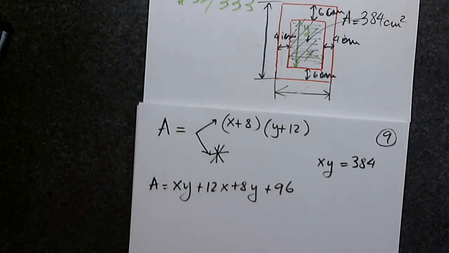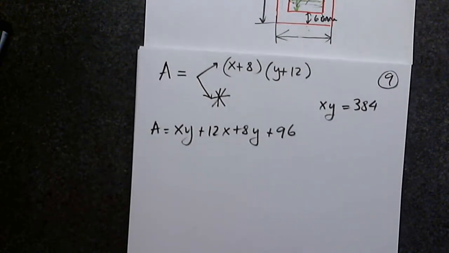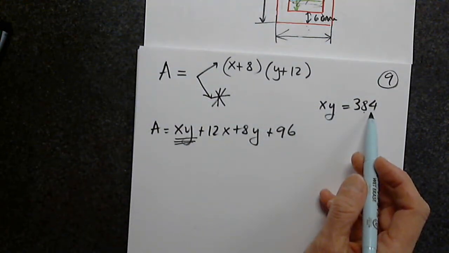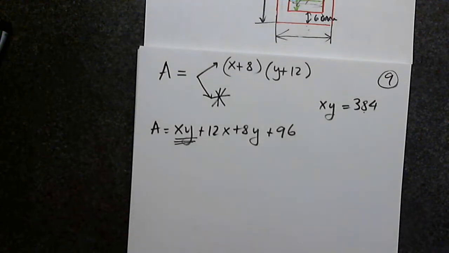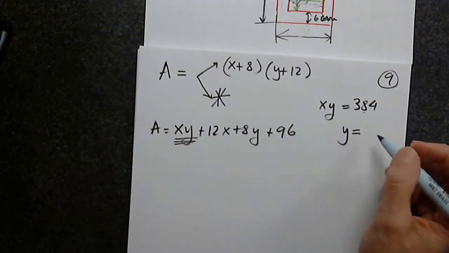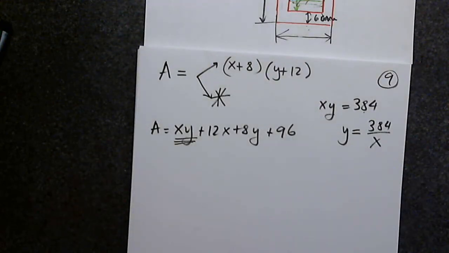Couldn't you do it the other way, with x minus 8 and y minus 12? That's fine too. You'll get the same thing. Okay. So obviously xy will be replaced by 384. And of course I have to get rid of one of the variables. So from here I will solve the equation for y, which gives 384 divided by x.